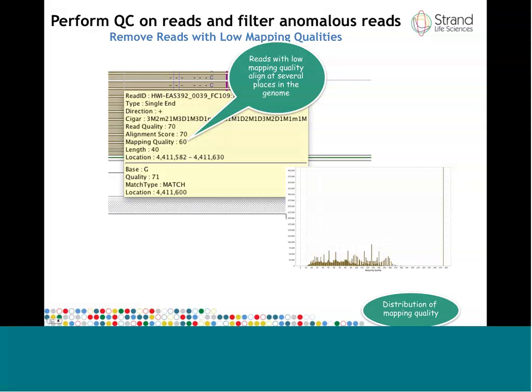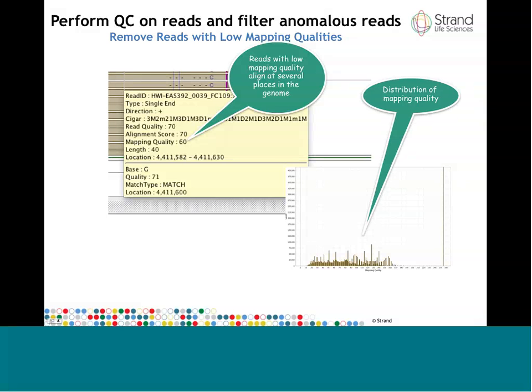We again show you a histogram which shows the distribution of mapping qualities, and you'll see a big spike on the right at 255. So most of the reads have good mapping quality. That's good. Then there are a smaller number of reads at lower numbers between 160 and 10. These are all the low mapping quality reads.